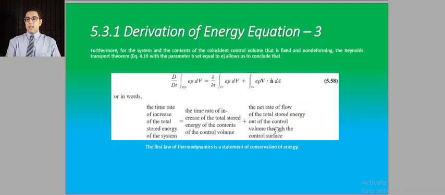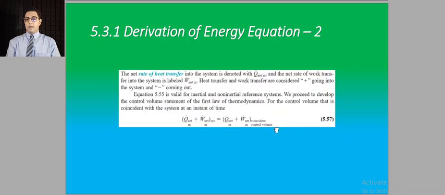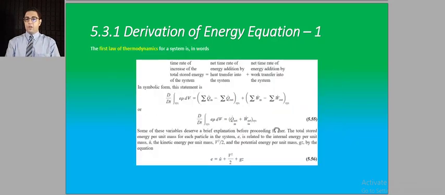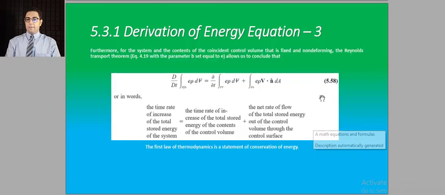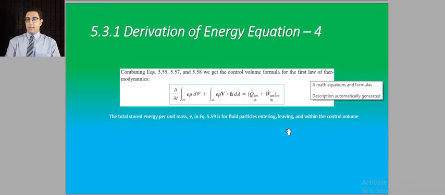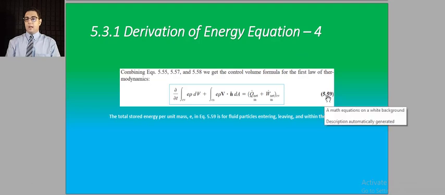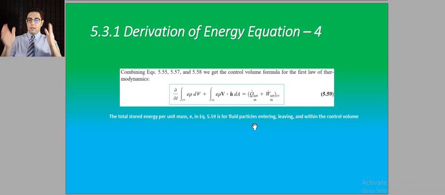Based on the equations that I've told you about so far, the combination of equations 5.55 through 5.58 gives equation 5.59. So both sides become equal in terms of the derivation of the energy equation.